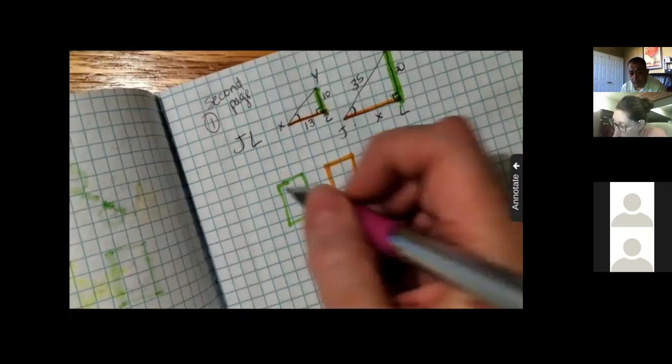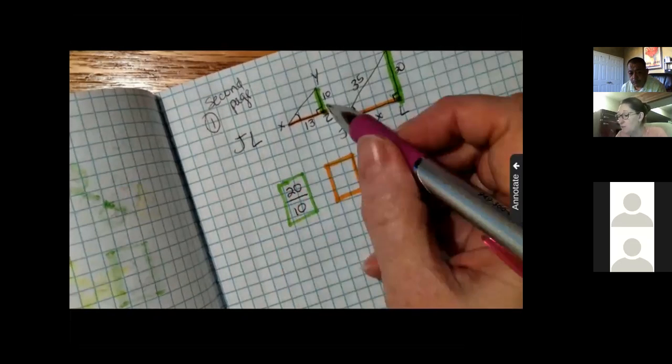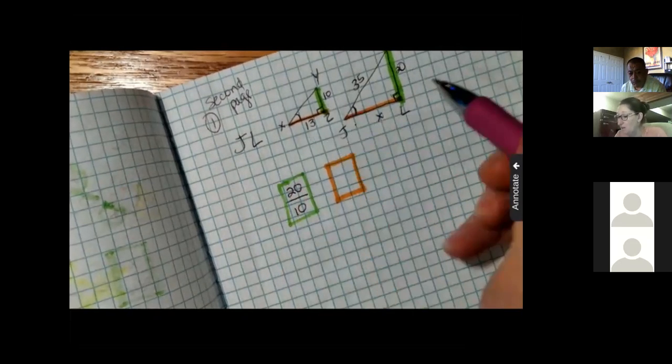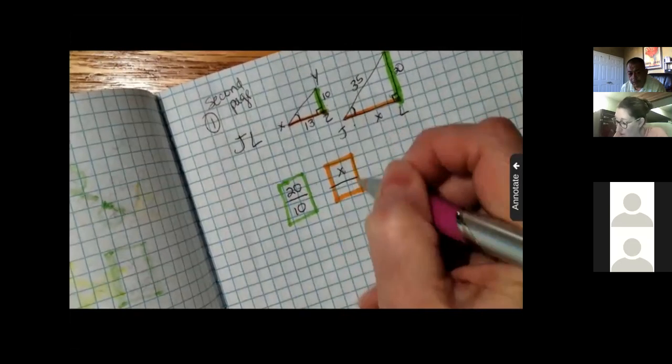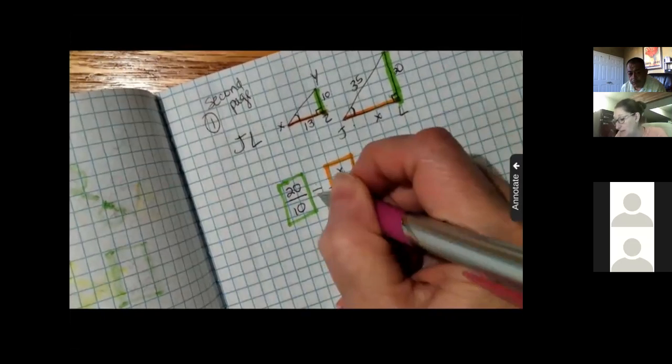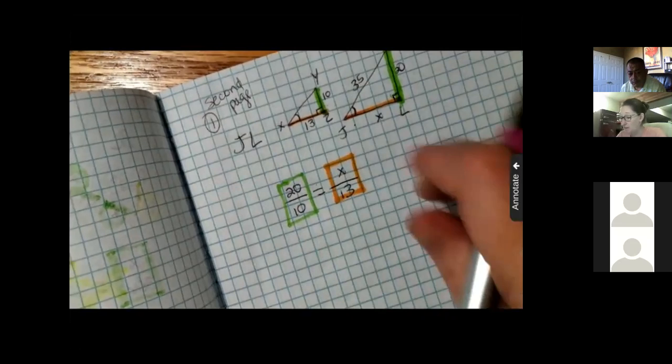And I'm going to go big to small. It doesn't matter how you do it as long as you're consistent. If you go small to big, make sure you go small to big. If you go big to small, then go big to small. X is big, but we don't know what it is yet, so we have to assume it's big because it's on the big triangle.